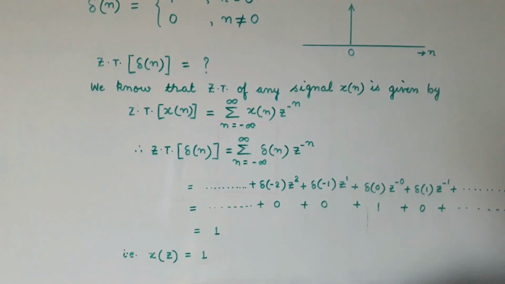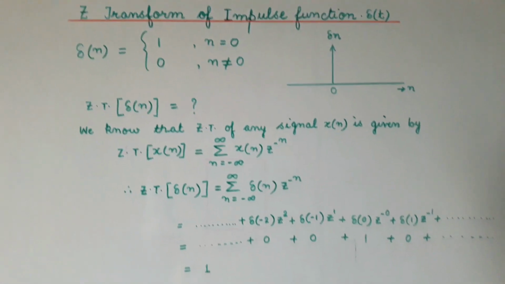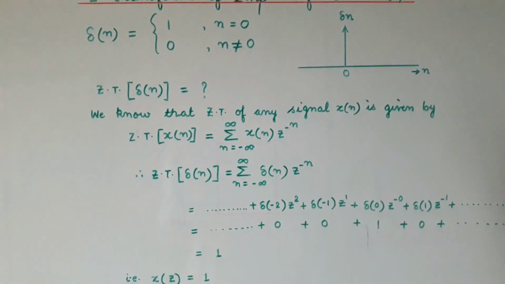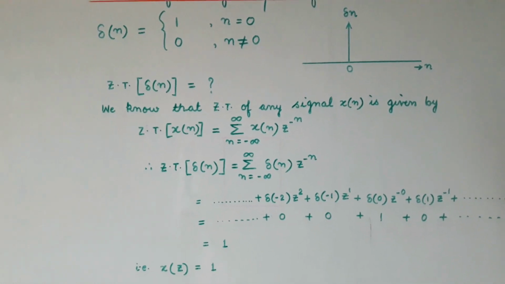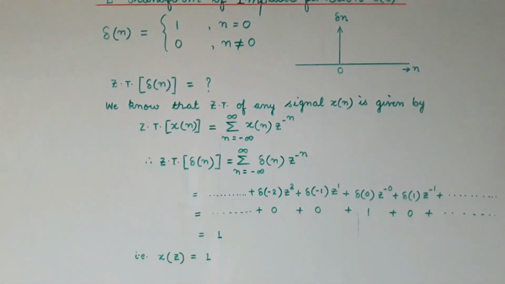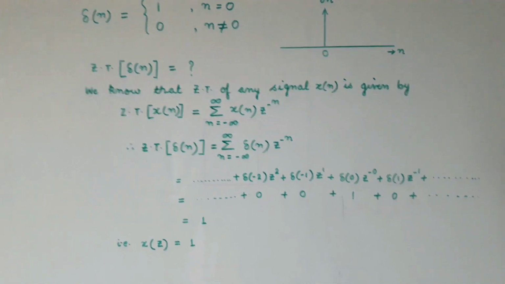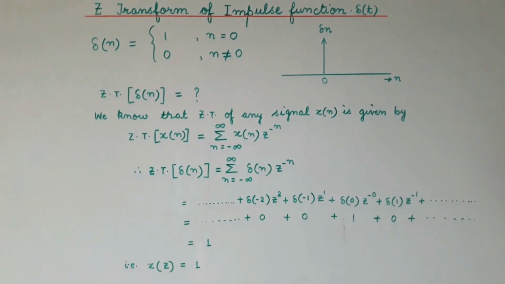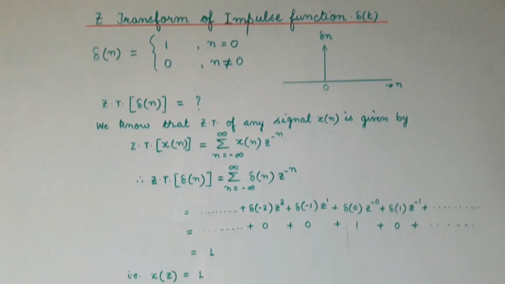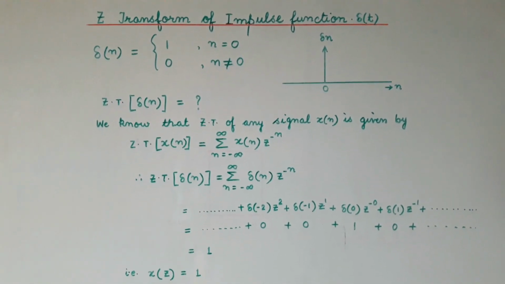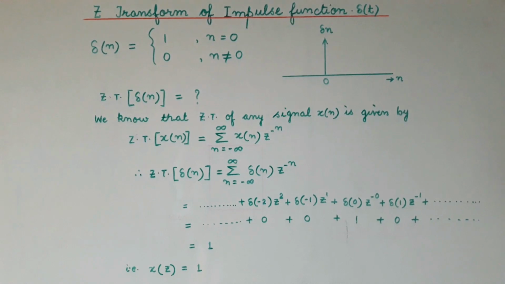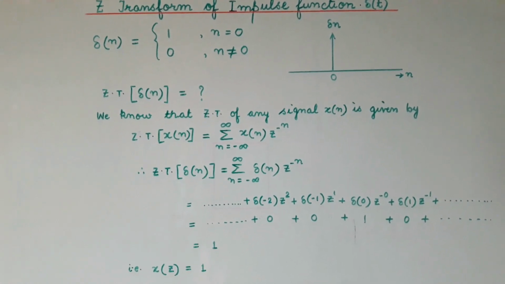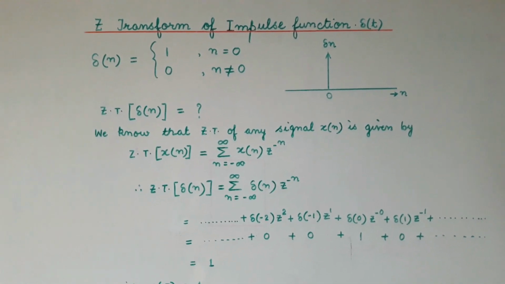So, we find that the Z transform of an impulse function is equal to 1. If we have to find the transform of the impulse function, then it is always going to be 1. Any transform of the impulse function is always equal to 1.